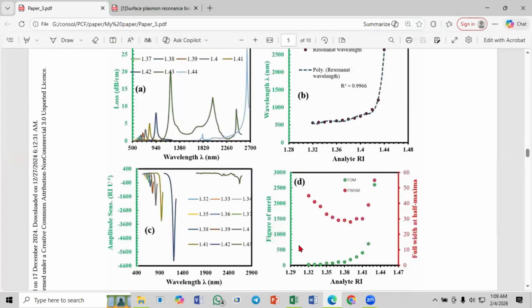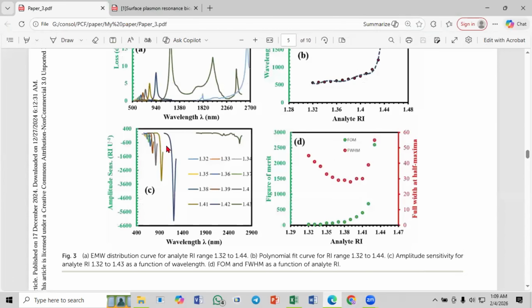There you can see that this is the curve of amplitude sensitivity, and the maximum point of this curve is called the amplitude sensitivity. This curve is the amplitude sensitivity for 1.41. We'll try to draw this curve, and then for the other curves you can calculate them too.